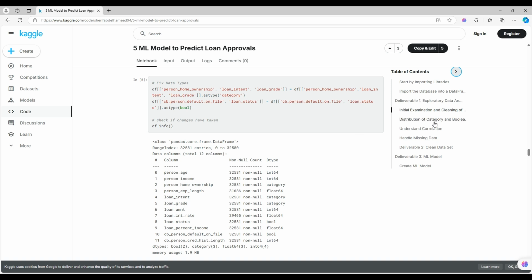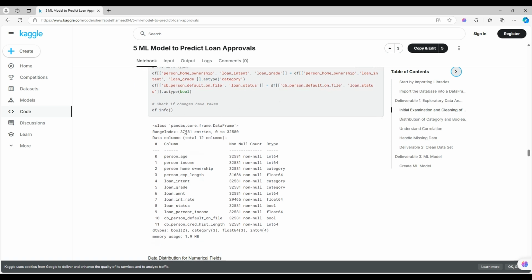So the next step is to fix the data types. We're using this code to convert person home ownership, loan intent, and loan grade into category type data, and the person default on file and loan status into Boolean values. And then afterwards, we just check if the changes have actually taken.